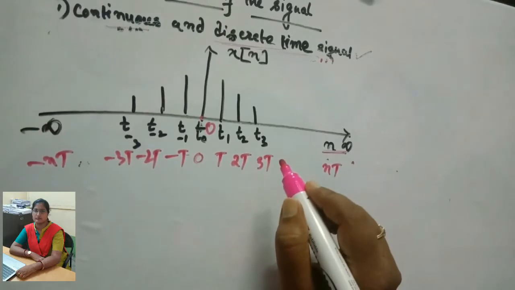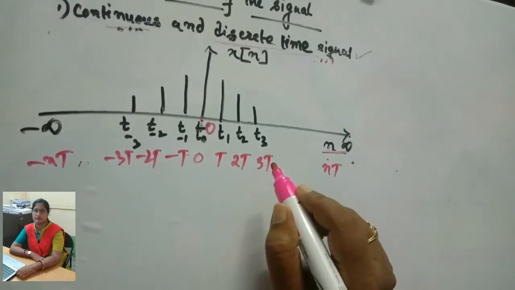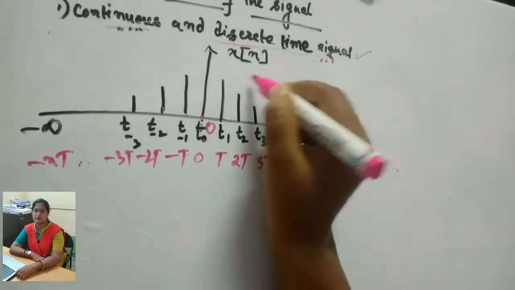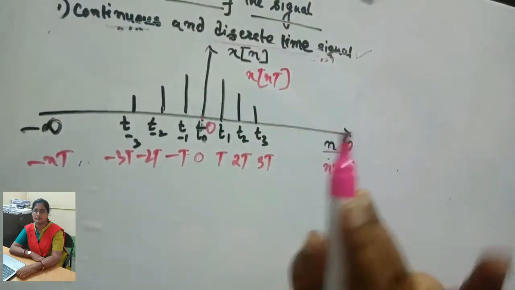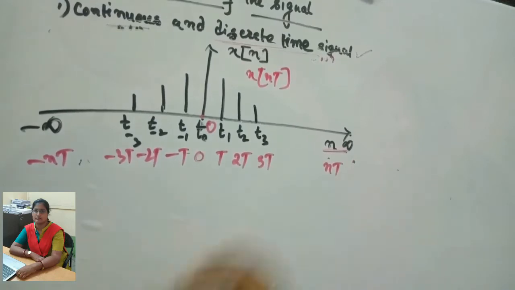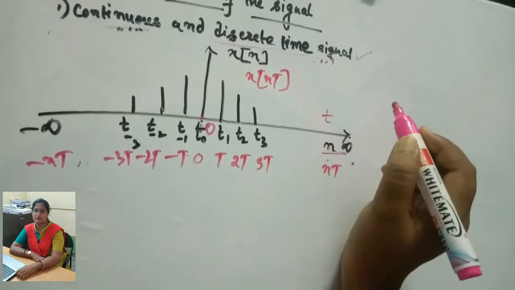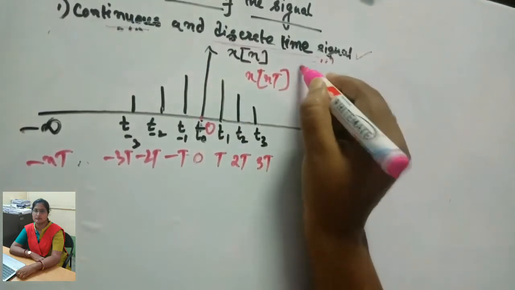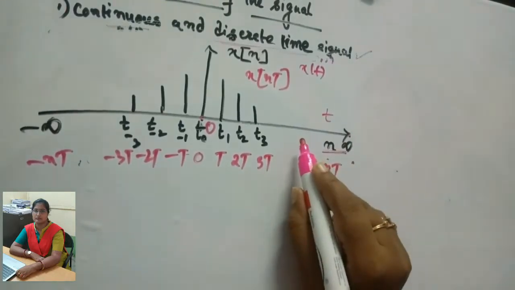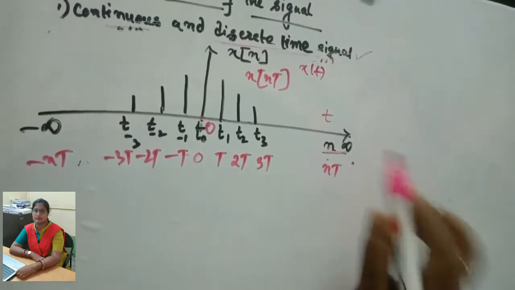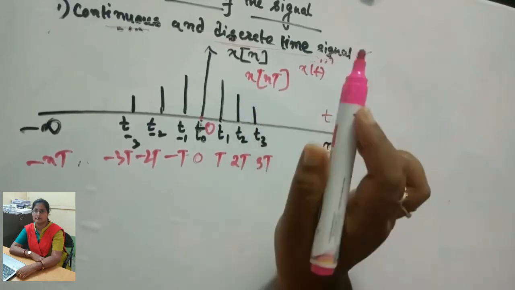And as the signal is not an independent variable, rather it is dependent on time, it is represented as x of nT. Because you can see for a continuous signal, when the x-axis is represented as t, the y-axis is represented as x(t). Similarly, when the x-axis is represented as nT for a discrete signal, the y-axis must be represented by x(nT).